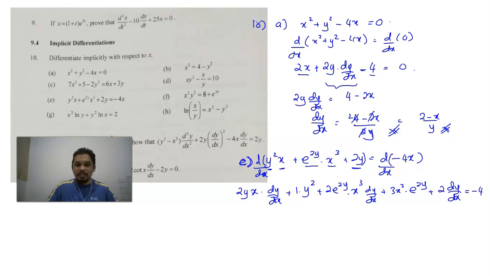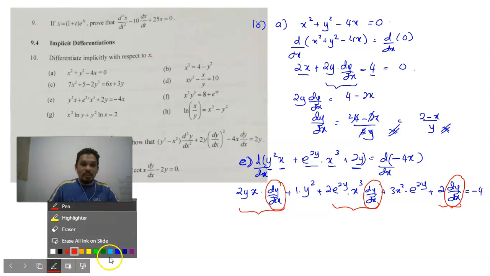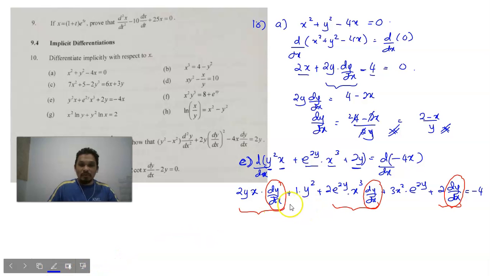Look at this now. We got this with dy/dx, this with dy/dx, and this with dy/dx. So the terms with dy/dx we put all together on the left side, and the ones without dy/dx we bring to the other side.